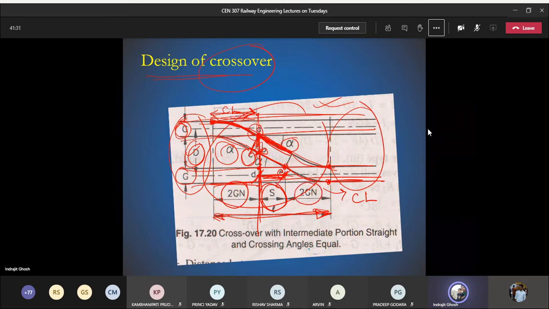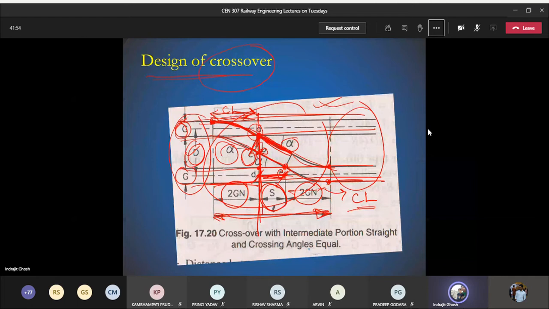So for now, let us assume that CL is equal to 2gn. But CL is the horizontal distance between the theoretical nose of crossing and the tangent point along the length of the main track, the main line. Okay, this is curved lead.